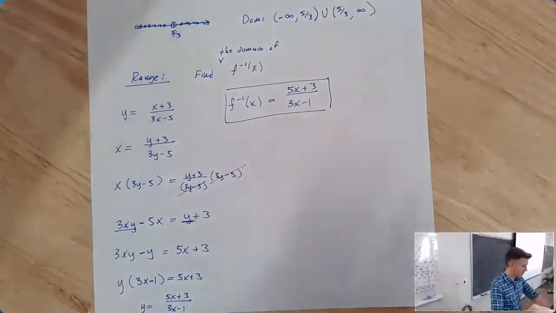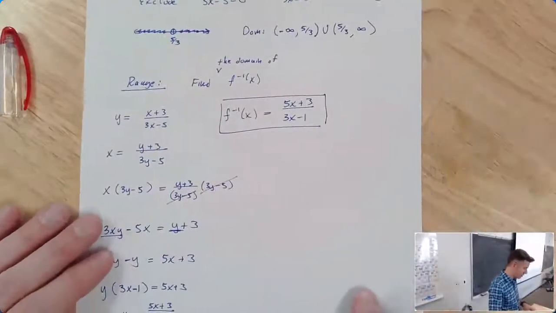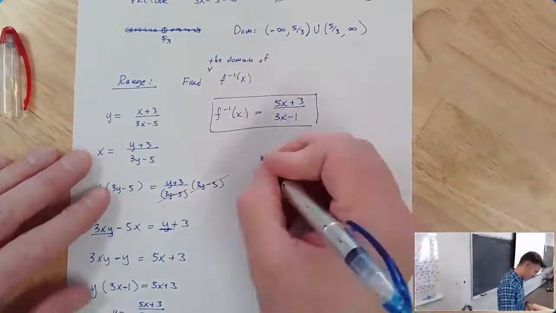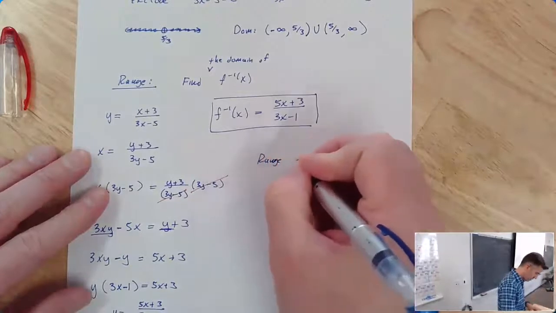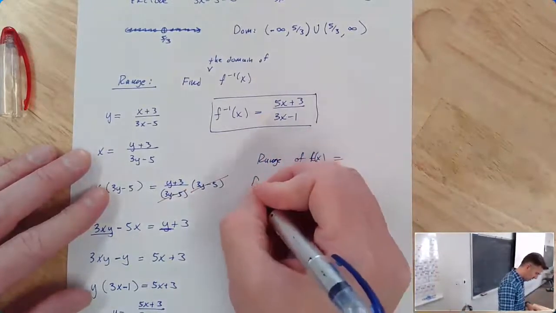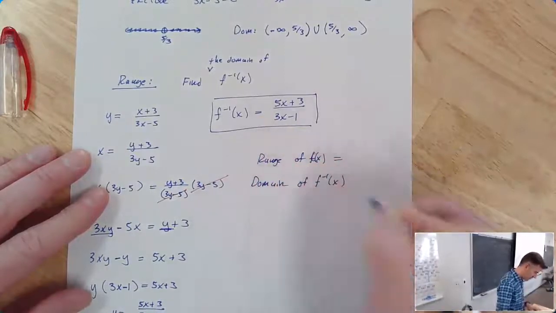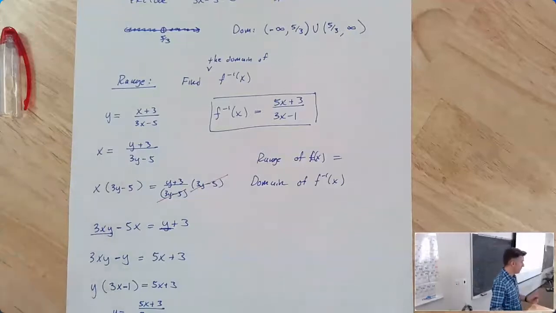Now we can answer the question we were asked: what is the range of our original function? To find the range of f of x, we're going to find the domain of f inverse of x. Just like when we found the domain of f of x, we look for what we need to exclude. Again, we exclude wherever the denominator is 0.